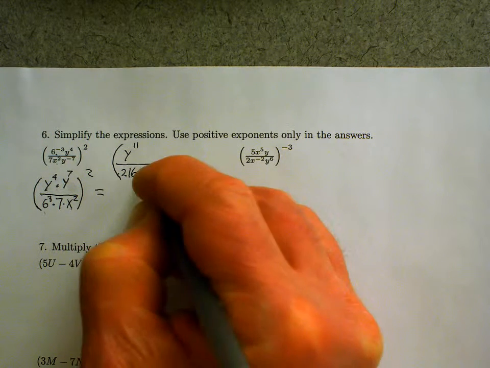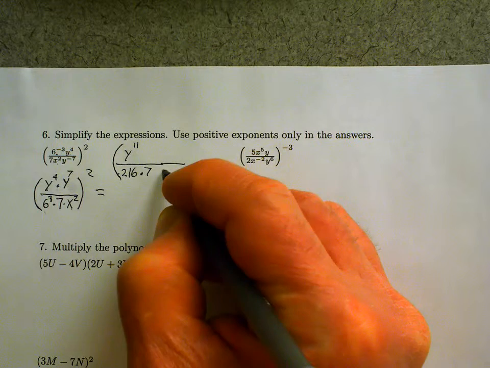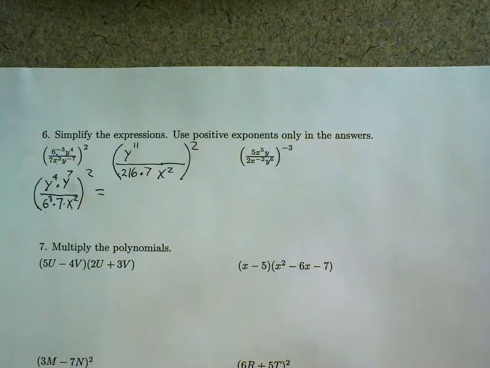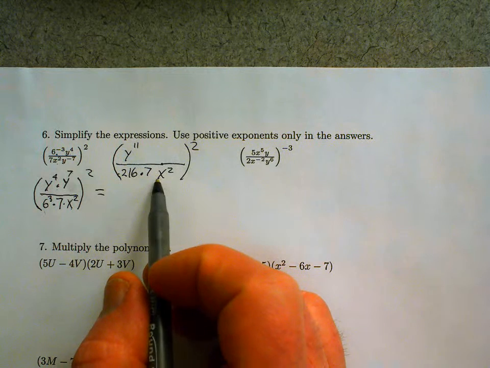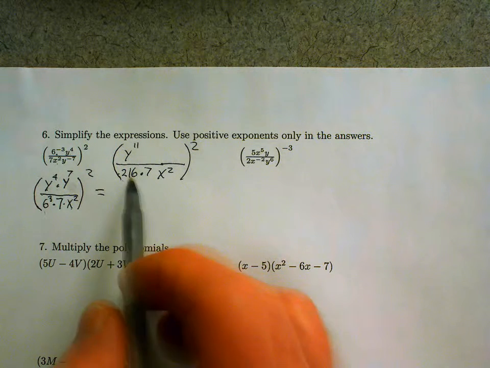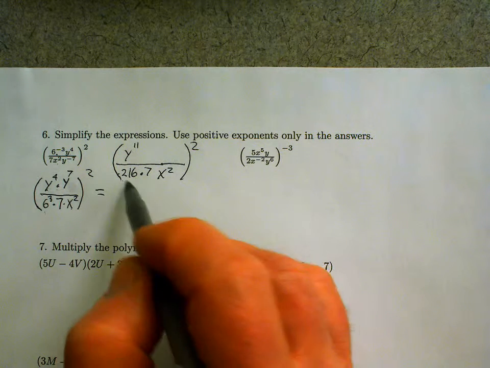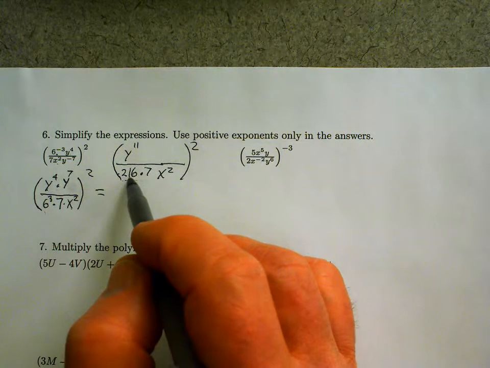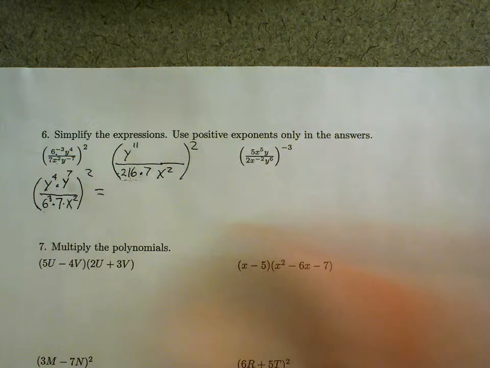And then times 7 times x to the 2nd. So since I don't have a calculator and you're allowed to use one, I'll leave the multiplying 216 times 7 to you.